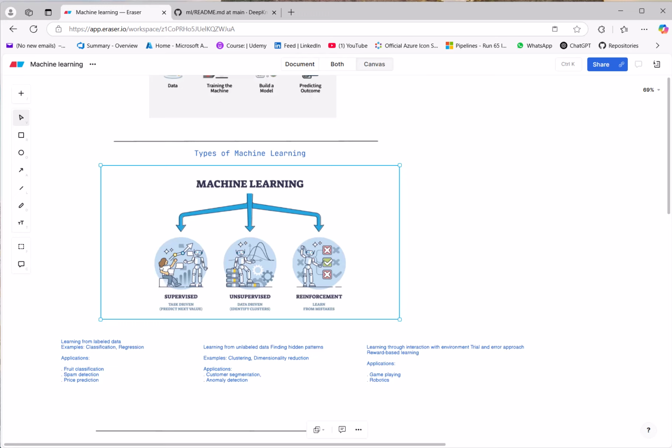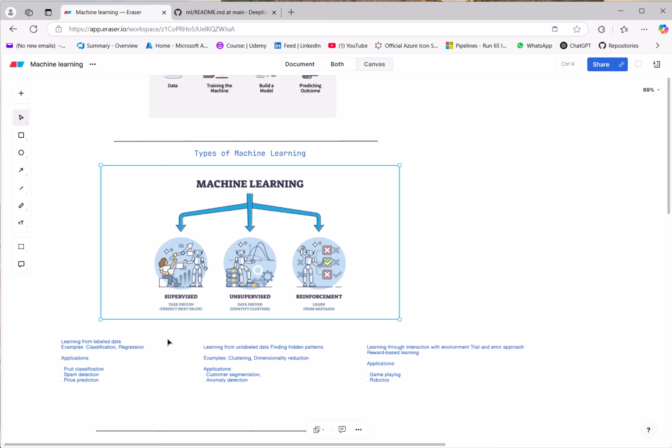The final one is reinforcement learning. Think of it as learning through trial and error. It's like teaching a dog a new trick through, for instance, a treat. A reinforcement learning algorithm learns optimal actions through reward and penalty.